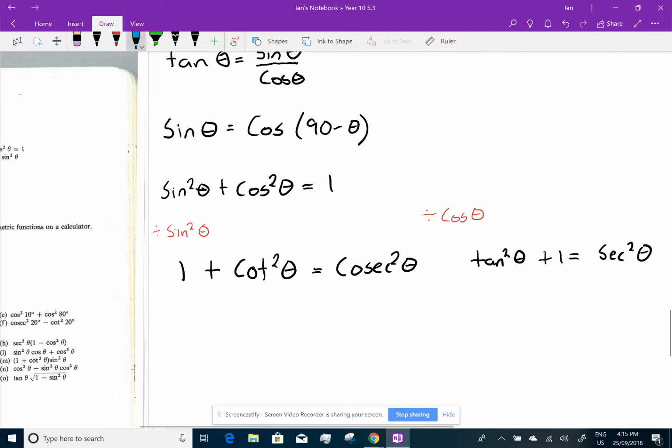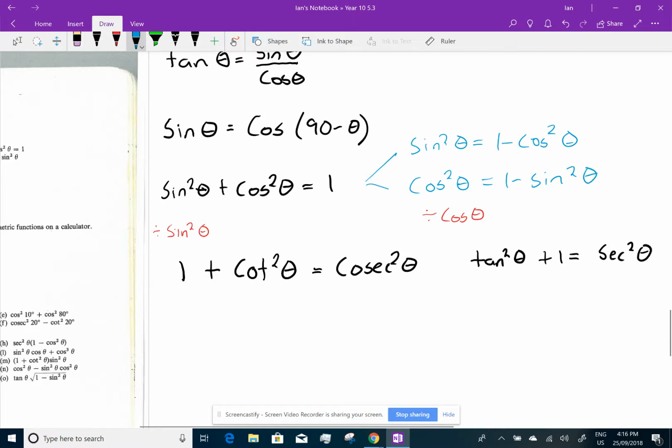Remember that if we want sine squared or cos squared, we can take it from this and go sine squared theta equals 1 minus cos squared theta, and cos squared theta equals 1 minus sine squared theta.